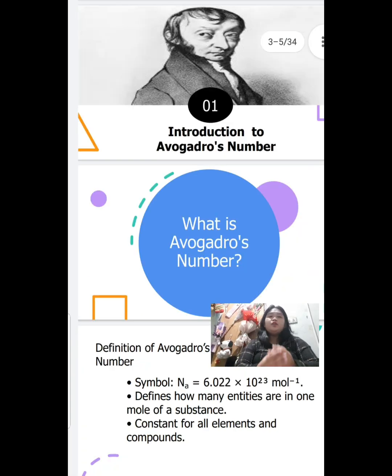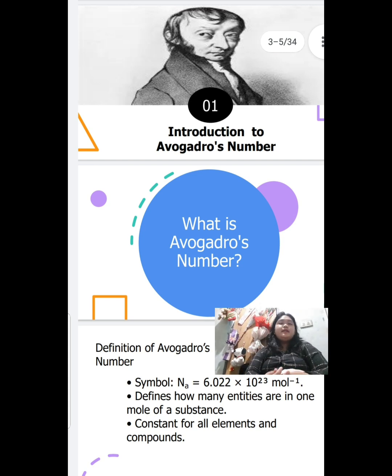So first, for the introduction to Avogadro's number, what is Avogadro's number? The definition of Avogadro's number is the symbol Na equals 6.022 times 10 raised to the power of 23 mole negative 1. It defines how many entities are in 1 mole of a substance, constant for all elements and compounds.